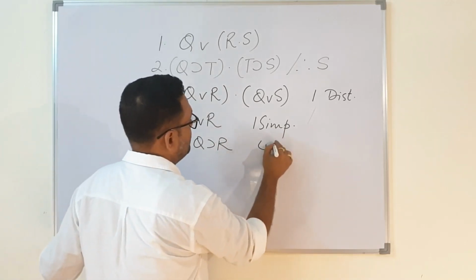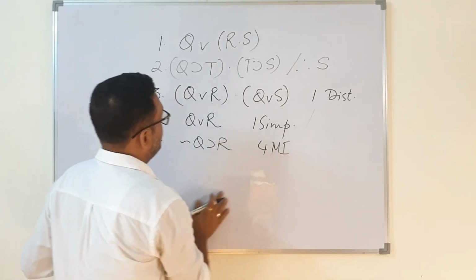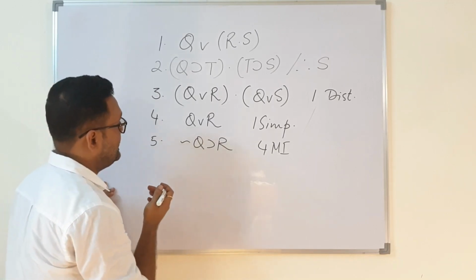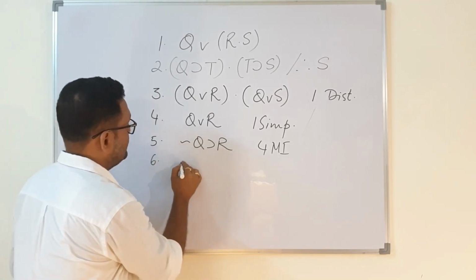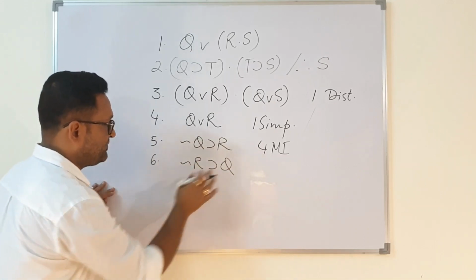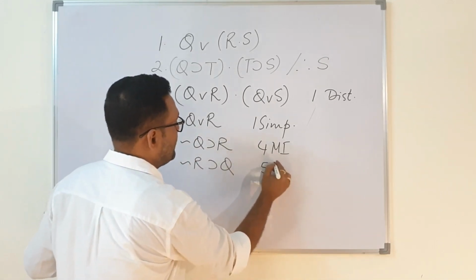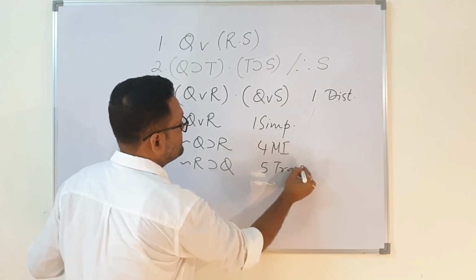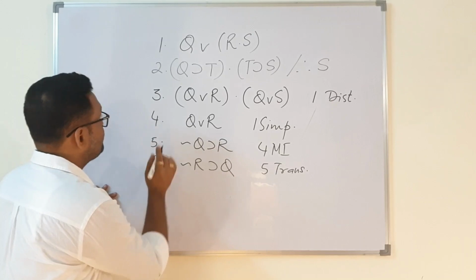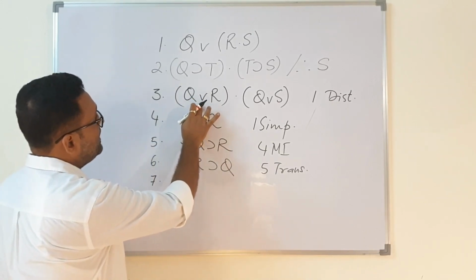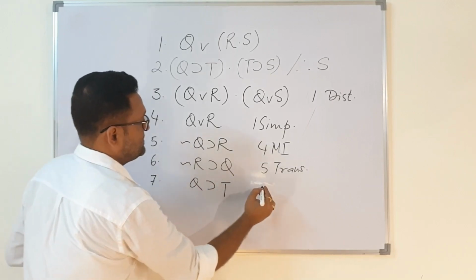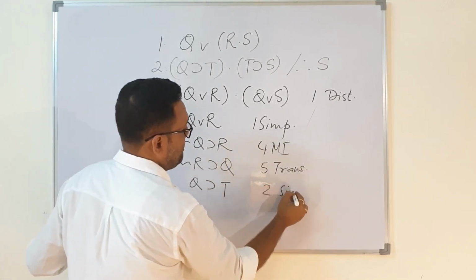Okay, so I can write it as negation of Q implies R. So this is for material implication. And with this I can say that it is negation of R implies Q. So this also can be written, because if I change, it will be 5 transposition. I have used the rule of transposition, and 7 I take out this Q implies T. So 2 simplification.